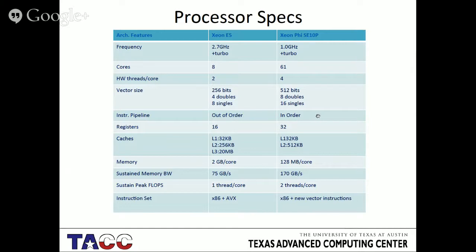So your code will run faster there. But it's much easier to optimize for the Sandy Bridge because it's a more sophisticated processor. On the mic, it's a less sophisticated processor, has a bigger vector unit, but there's many, many more. And I think right after me, someone's going to give you an intro to the mic, so they'll go into more detail about this.